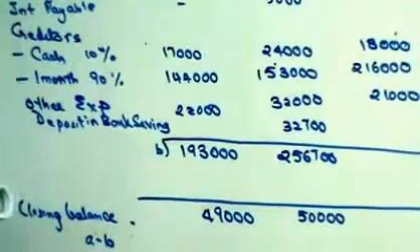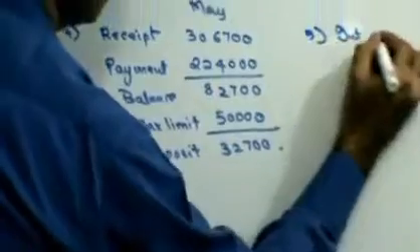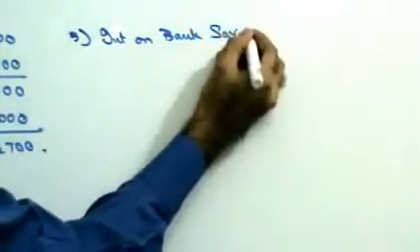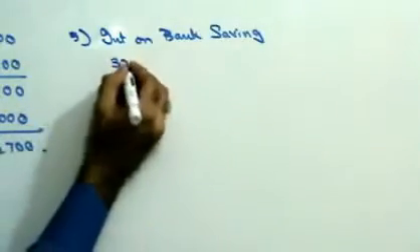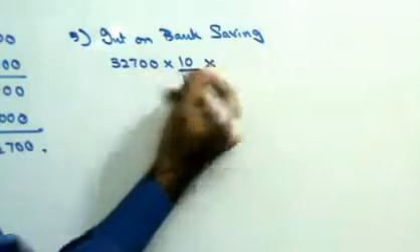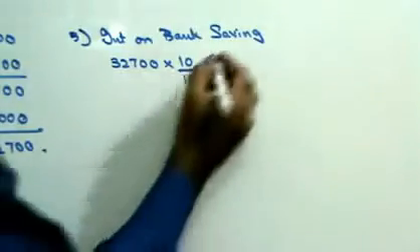Now since I have deposited 32,700, I'm going to get interest on it, right? Interest on bank saving. I have deposited 32,700, rate of interest is 10%. Now they are saying that interest is received on a quarterly basis. One quarter is made up of 3 months.